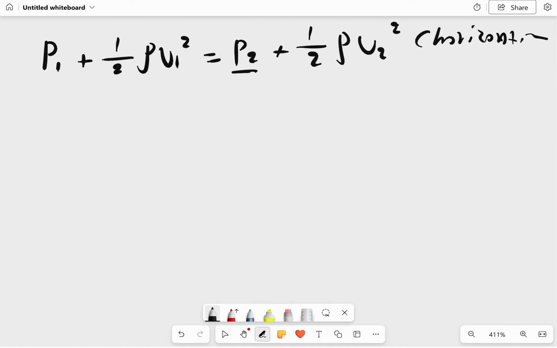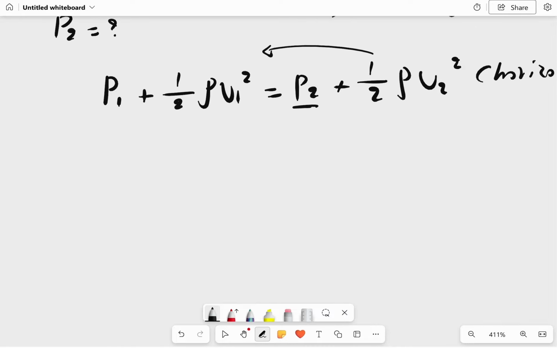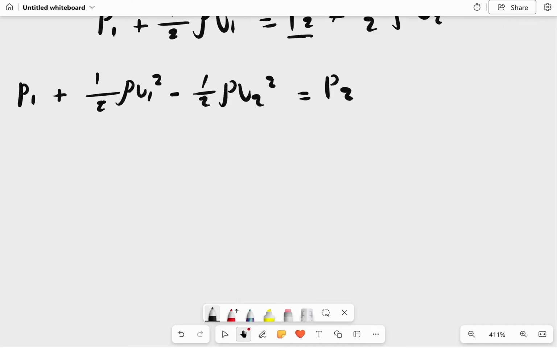We need to find P2. You can take this one here, okay? And this one becomes P1 plus 1 over 2 rho V1 squared minus 1 over 2 rho V2 squared is equal to P2.